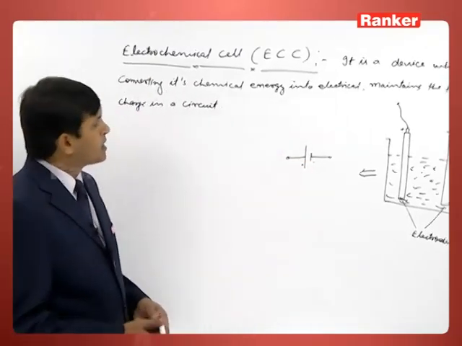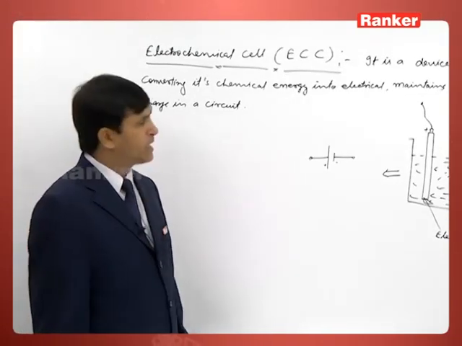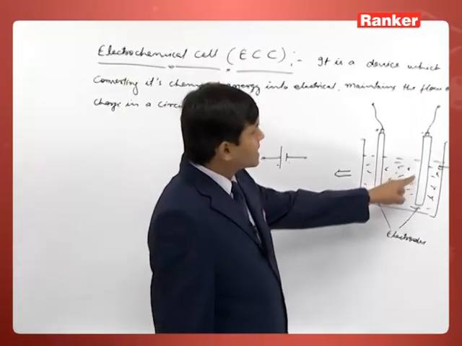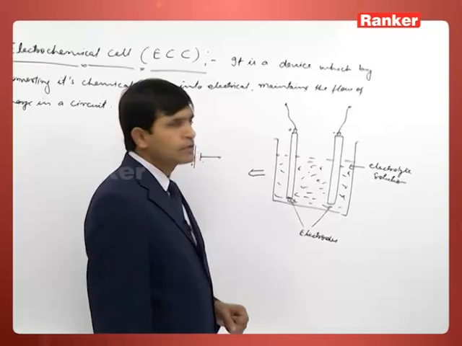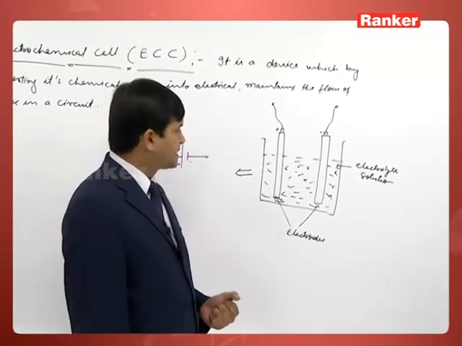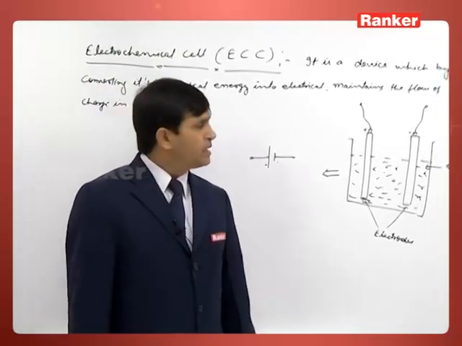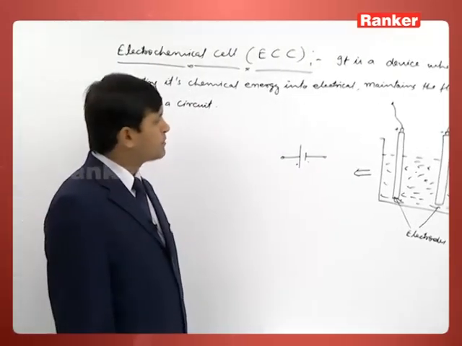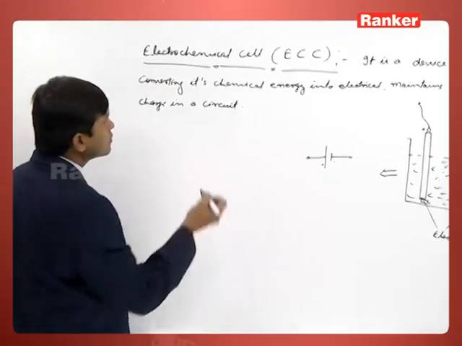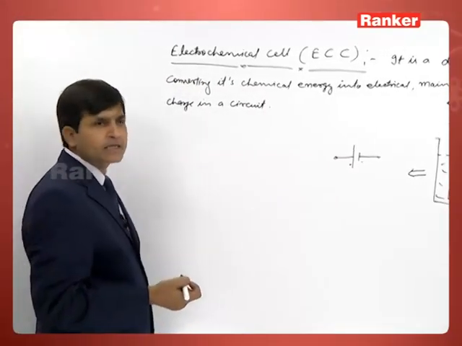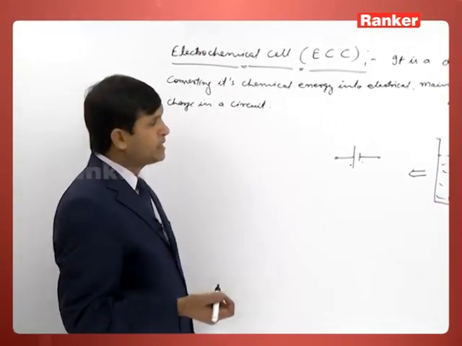See how the potential develops across the electrodes of a cell. In this electrolyte solution there are electrodes which are made from certain metals. Due to some chemical reaction, a constant force develops between the two electrodes. We are not going into which type of chemical reaction; normally oxidation and reduction reactions occur inside the cell.